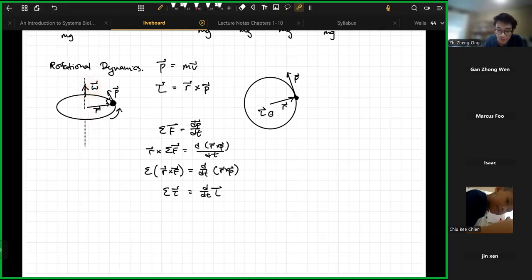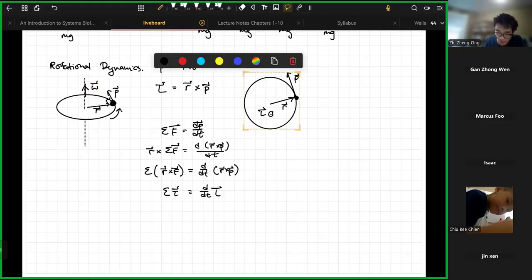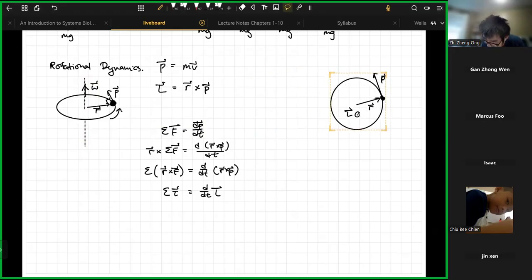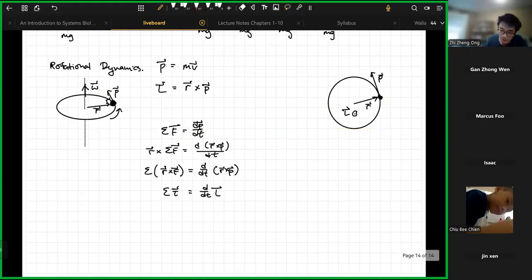One thing to note, it's really tempting to say that since P is equal to mv, therefore L should be I omega, where I is some rotational variant of the mass.